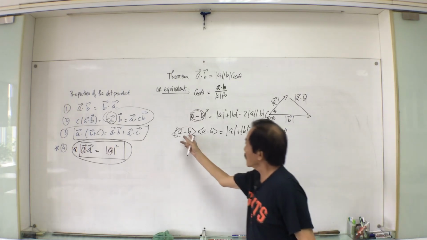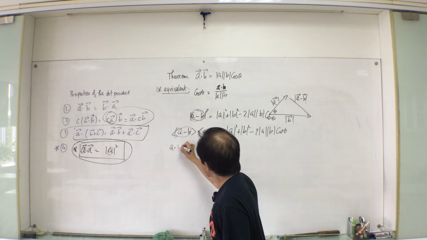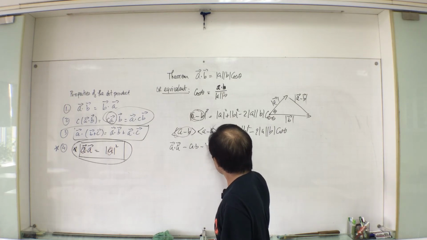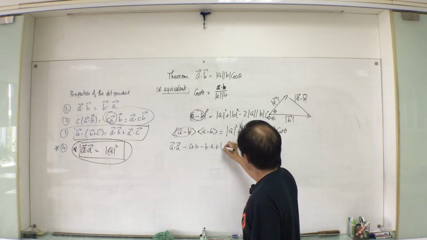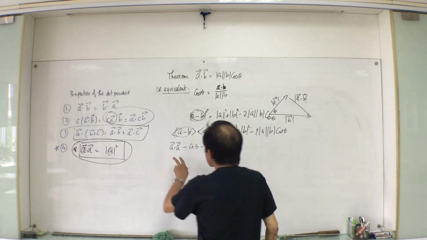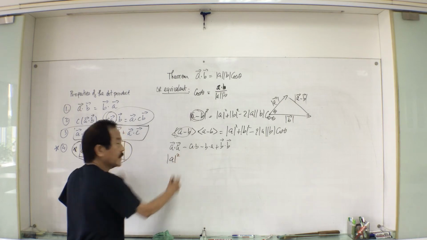So now when you dot this, it means A dot A, minus A dot B, minus B dot A, and finally plus B dot B. So A dot A, again A dot A equal absolute A square.